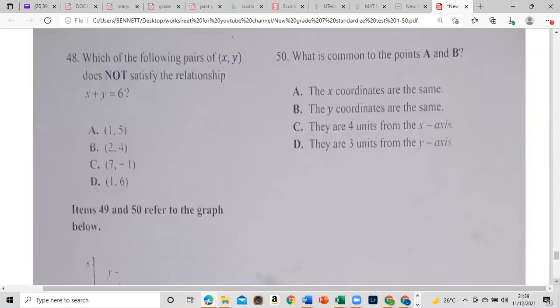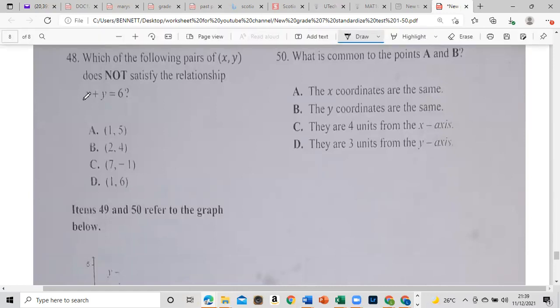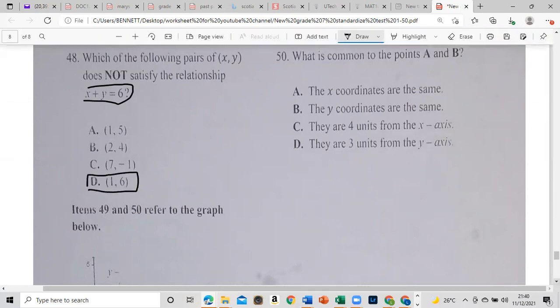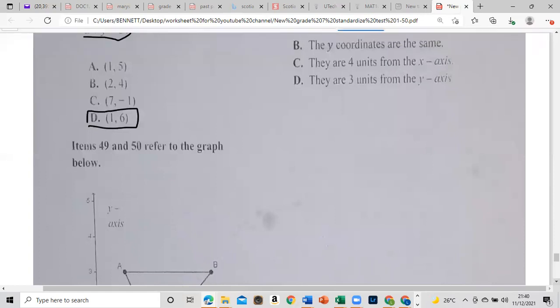Which of the following pairs x and y does not satisfy the relationship x plus y is equal to 6? So 1 plus 5, that's 6. 2 plus 4, that's 6. 7 plus negative 1, that's 6. So that leaves 1 plus 6, or 7. So that does not satisfy it. Alright? So you guys have to read it very, very carefully.